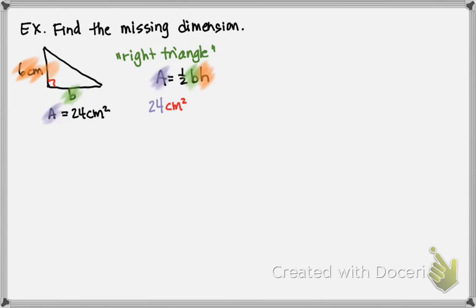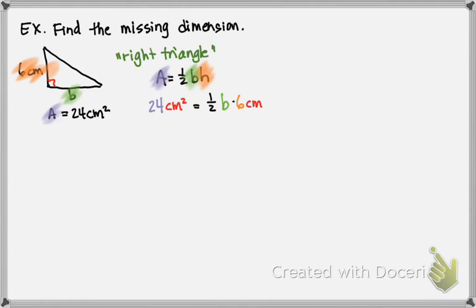And then we get equals 1/2, so it's always equals 1/2. And then B is going to stay B. And then we're going to have 6. Now, 6 has the label centimeters. So again, I'm doing this so you can see how we get the label for the answer.